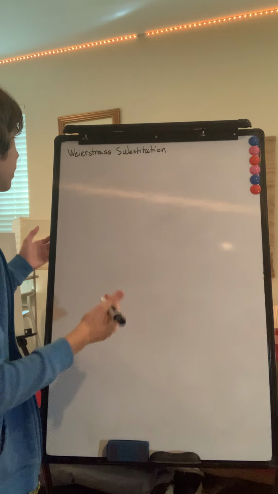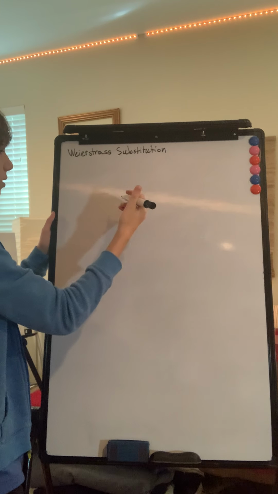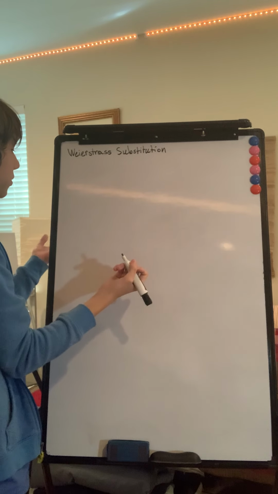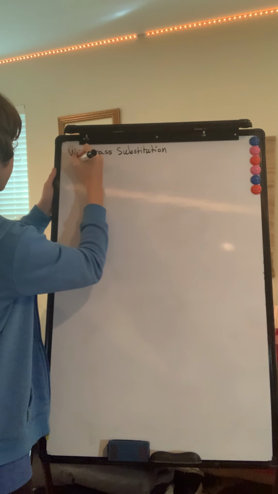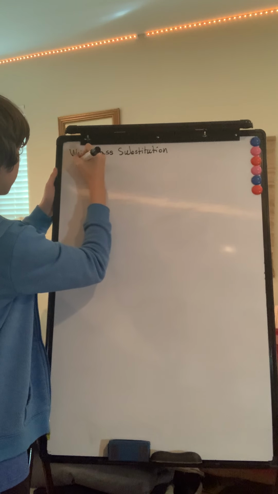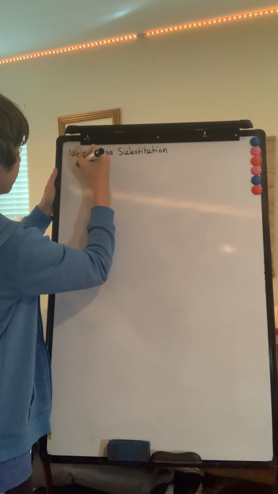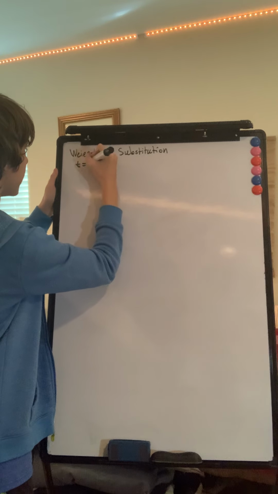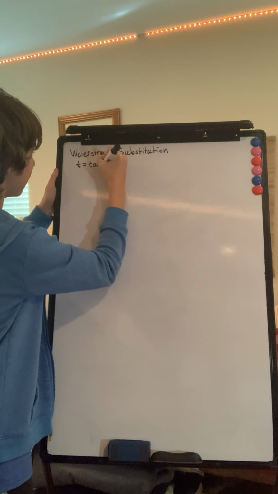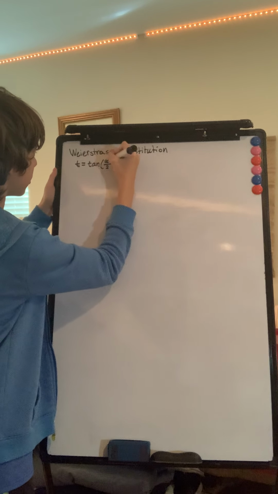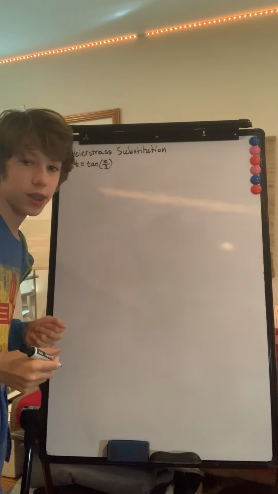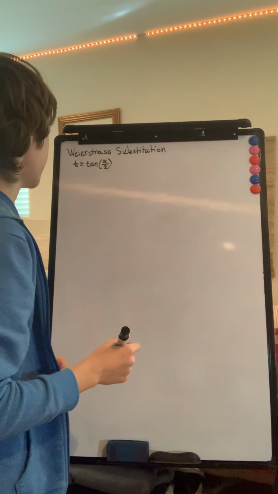So the substitution that this concept is built on is the substitution t equals tangent of x over 2. My marker is kind of getting ruined. In this case, we're assuming that our integral is in terms of x.